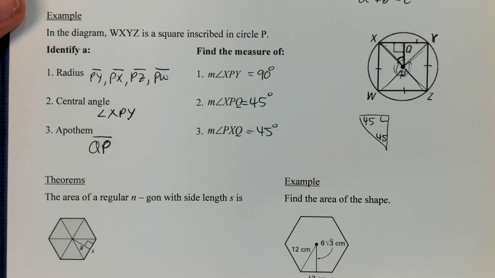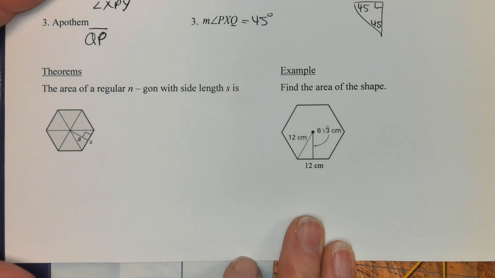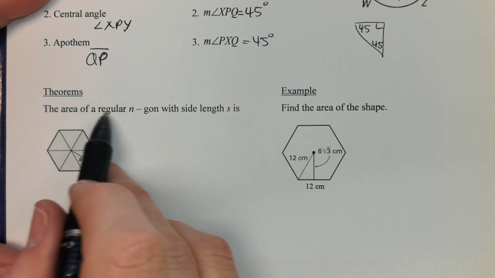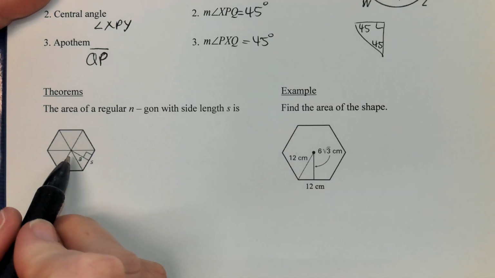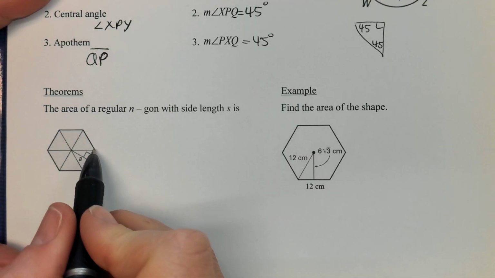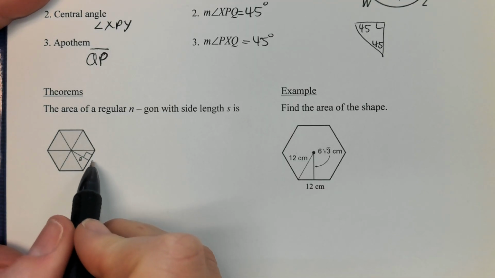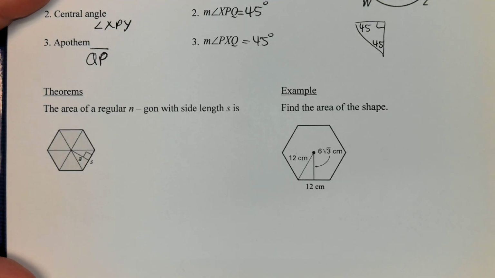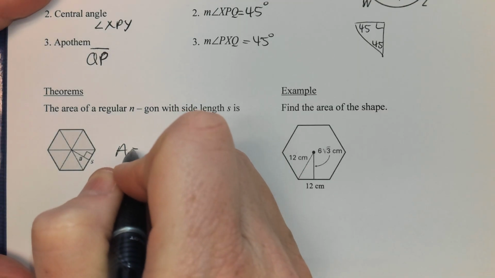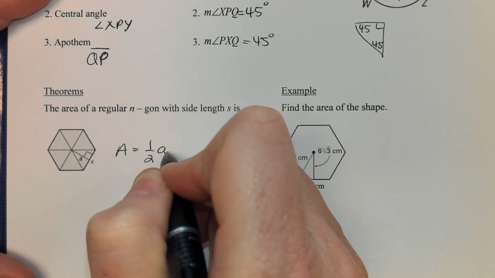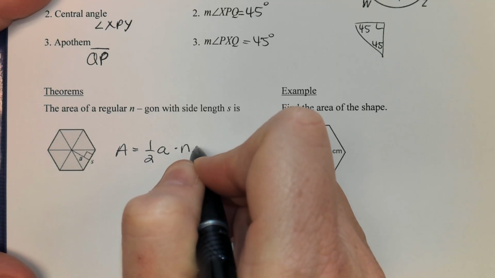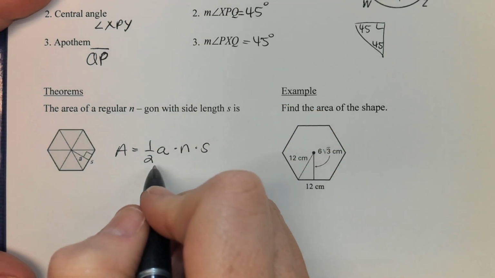All right, so now let's use that idea to actually find the area of a polygon. The formula for area of a polygon, right here, A being the apothem, and S is the side length. Be careful when you write S in your formula so it doesn't accidentally look like a 5. But your area is 1/2 A apothem, N number of sides, and S side length.